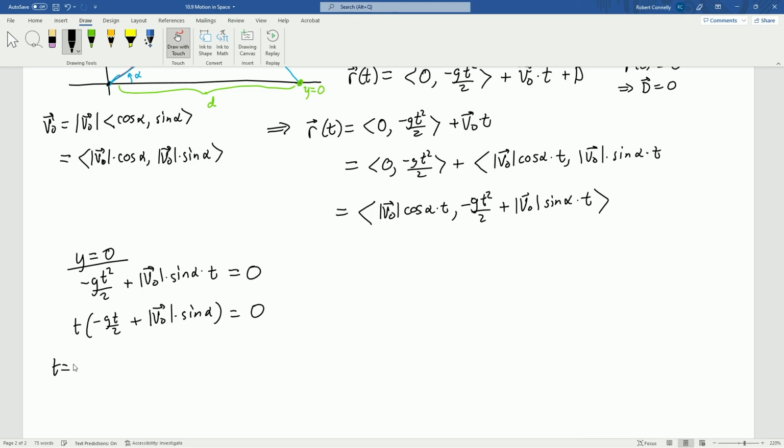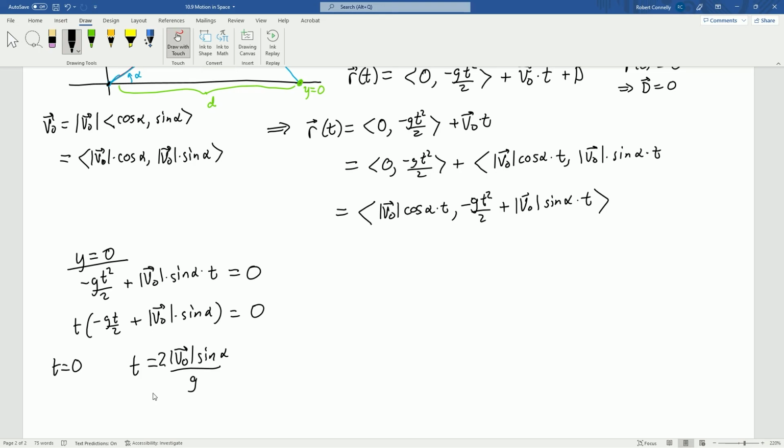So of course that gives the solution t equals 0, but it also gives the solution for this being equal to 0. And I'm going to skip a little algebra here, but when I subtract that to the other side, both will be negative, which will cancel, and I'll get left with the magnitude v0 sine of alpha divided by g and multiplied by 2.